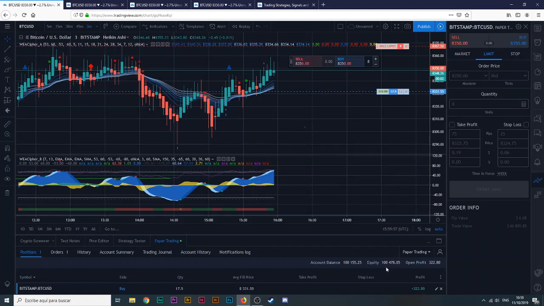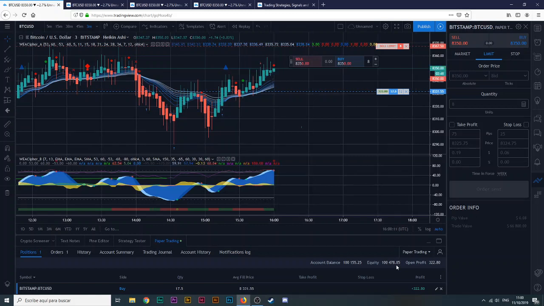You can see that our equity is near or at $500. So just for purposes of demonstration, I'm going to sell everything now because we see a trend weakening signal here.